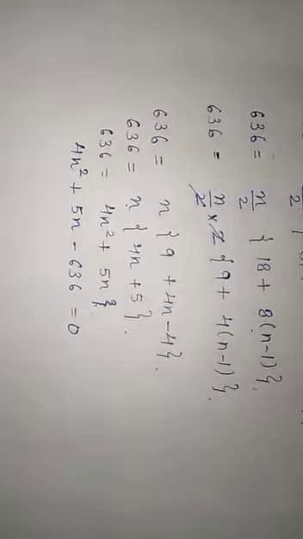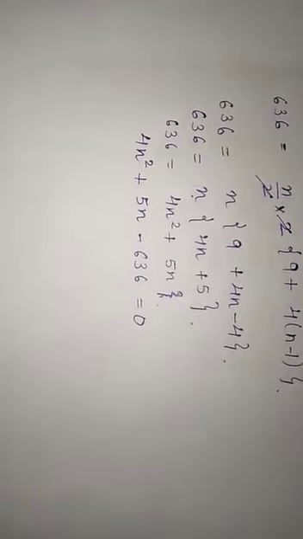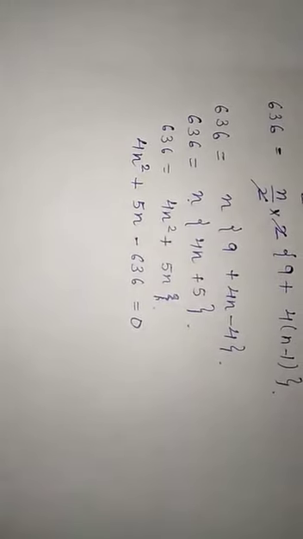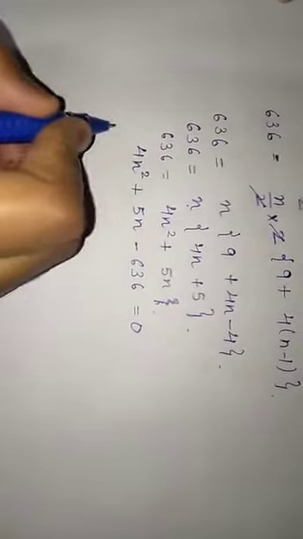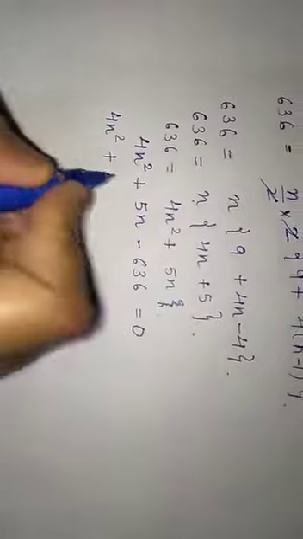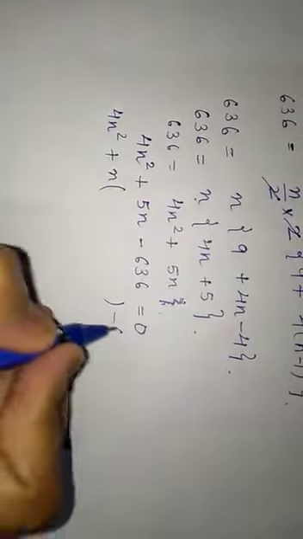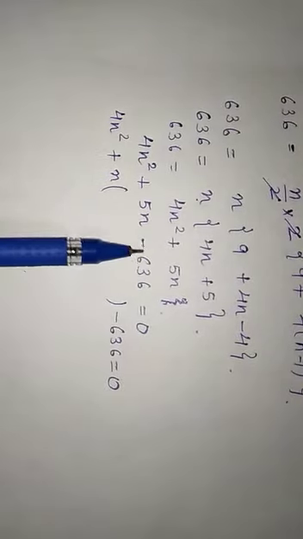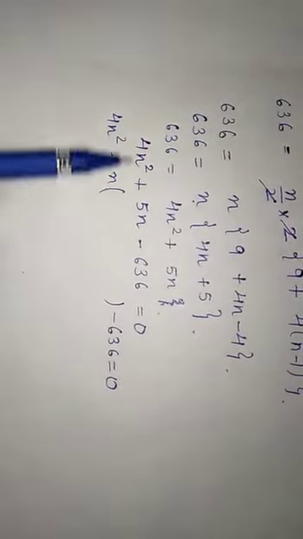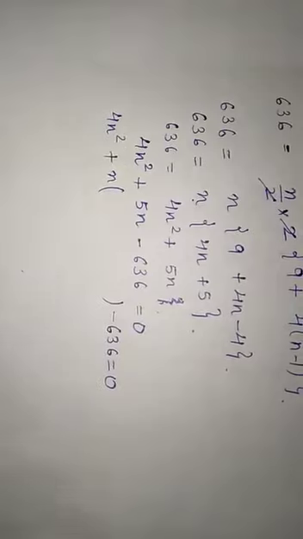Now the next step is factorizing the given quadratic equation and finding the solution. So 4n square plus 5n minus 636 is equal to 0. Now we multiply 636 with 4.